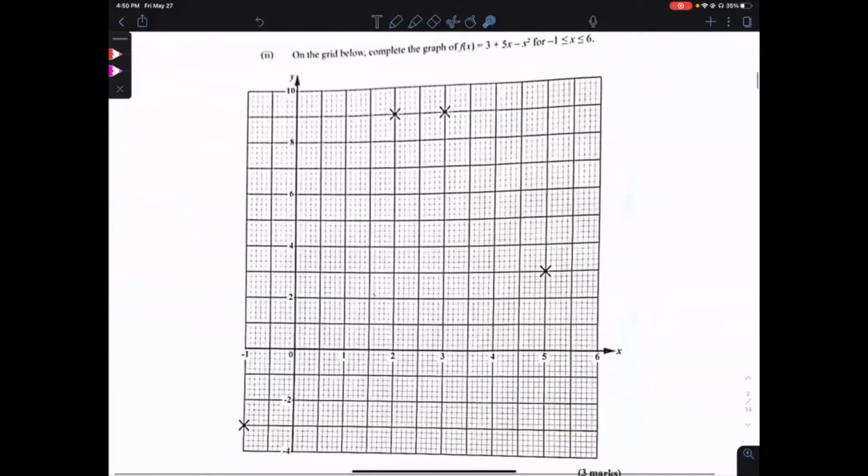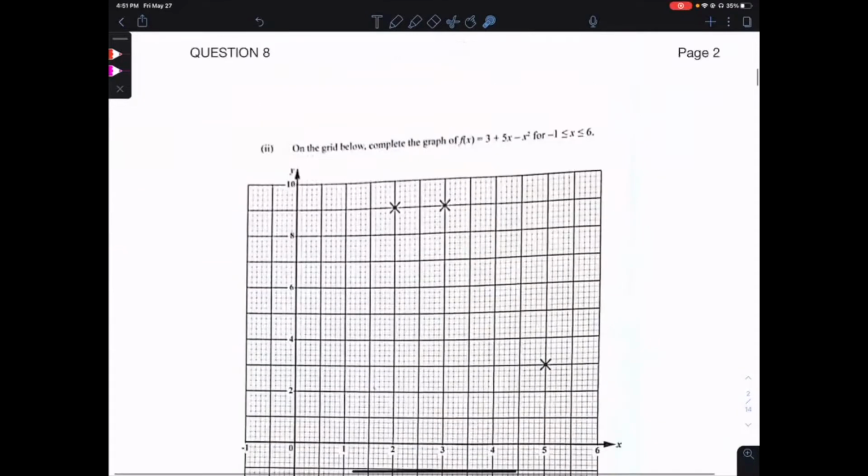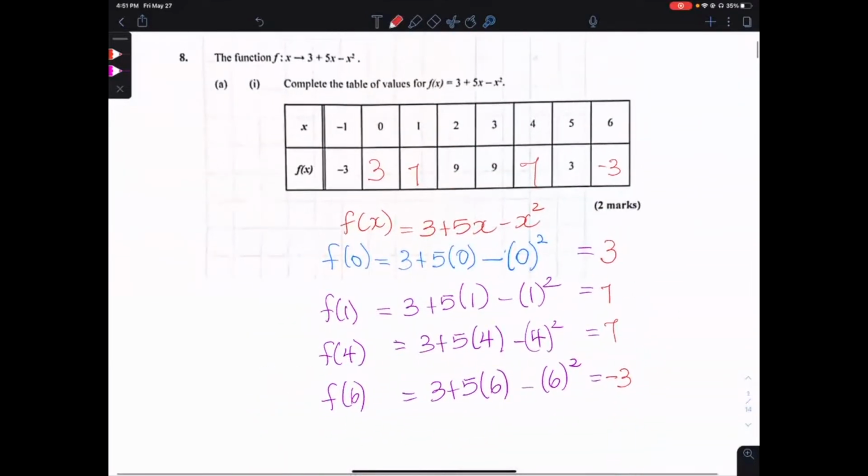Some of the points are plotted for you. Now, I want to point out that x squared is negative. So let's write that. X squared is negative. So our graph is going to take this form, an upside down U, right?